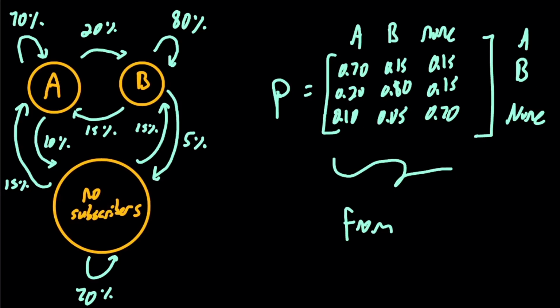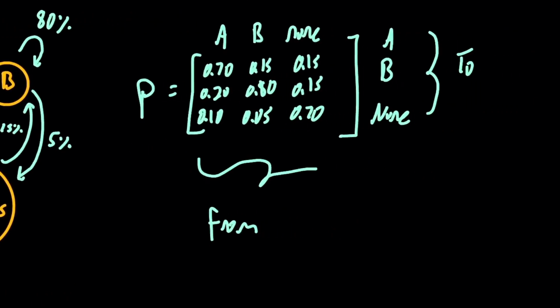Well, we're going to have to convey that as an initial state matrix, which can be denoted as x naught, which is equal to A, B, and none.